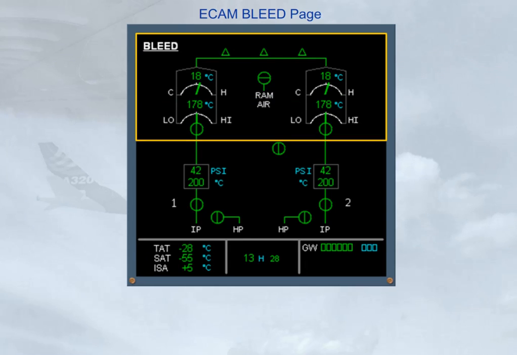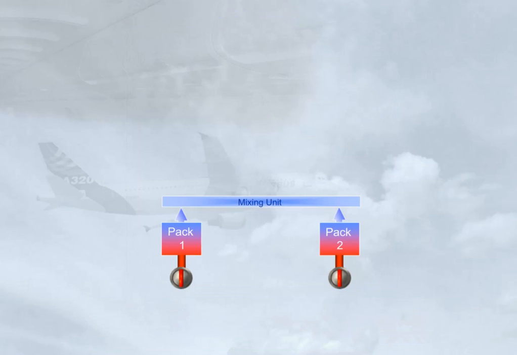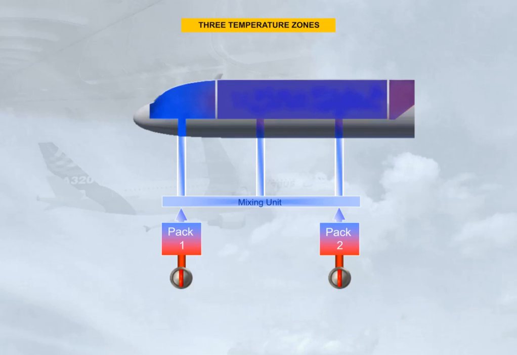Having discussed the air conditioning packs, we will now look at how temperature and flow regulation is achieved throughout the aircraft. The 3 outputs from the mixing unit feed 3 separate aircraft zones: cockpit, forward cabin, and aft cabin. Let's look at how the temperature of the zones is controlled.